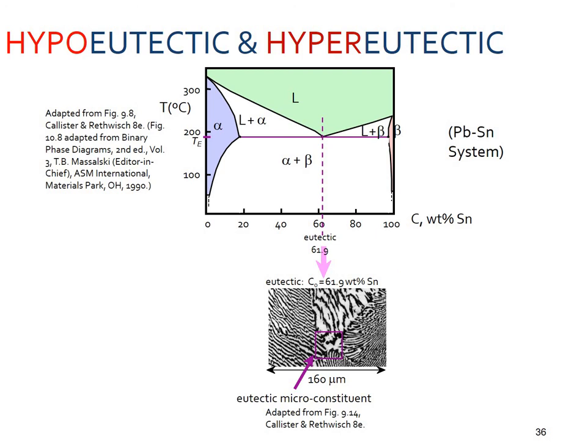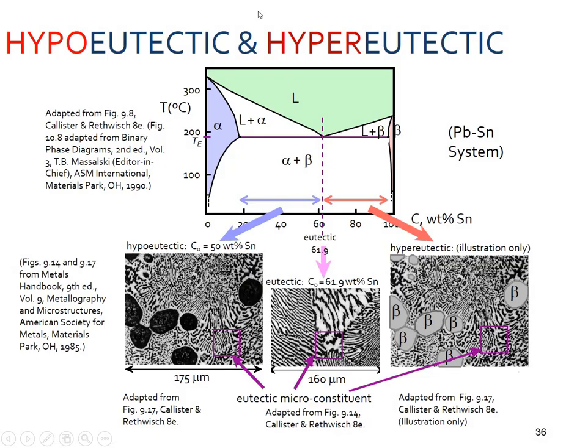So now, as I was discussing, hypo and hyper-eutectic. This is the hypo and hyper-eutectic side, in which the left region of the eutectic line is the hypoeutectic system, and the right region of the eutectic line is the hypereutectic.